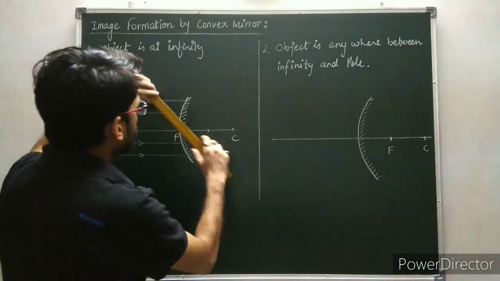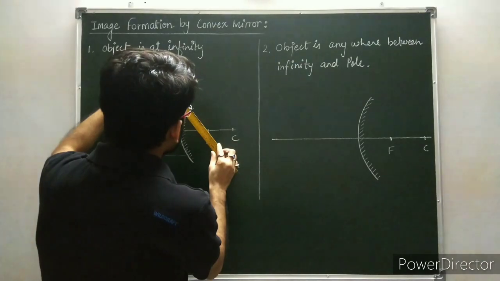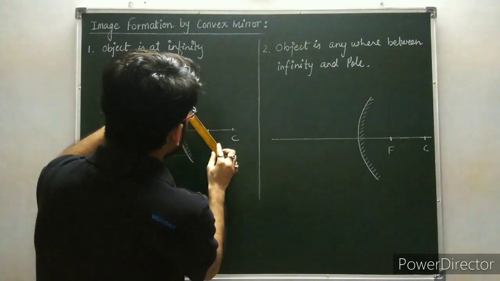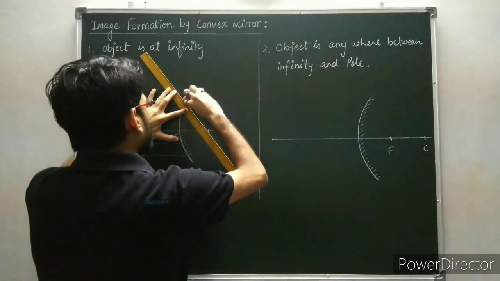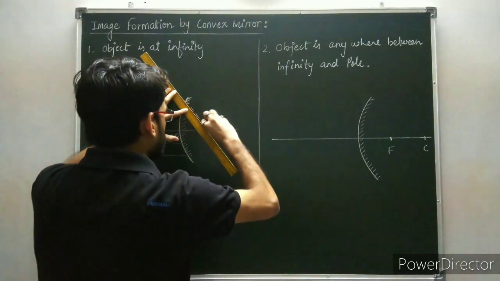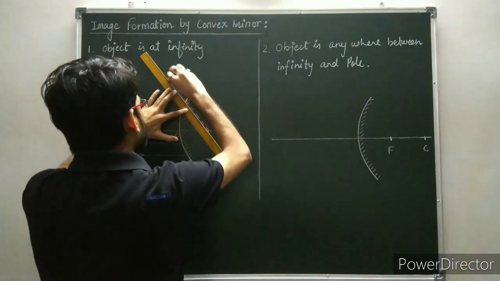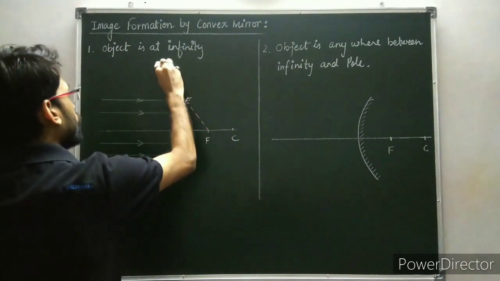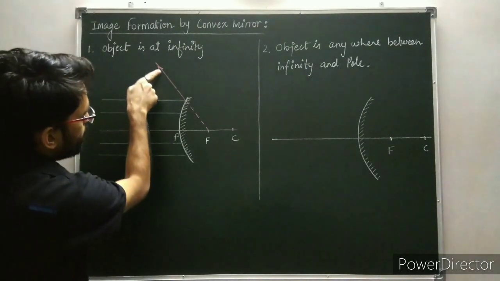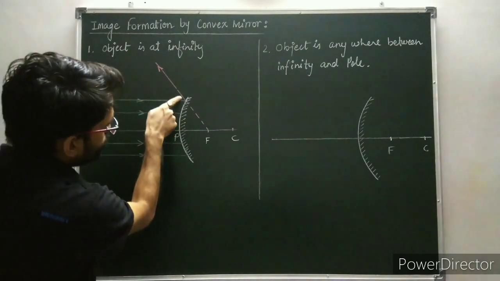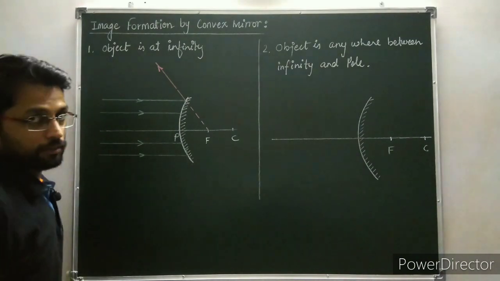So the reflected ray appears to pass through focus. So this is the path of reflected ray, and this reflected ray appears to pass through focus after reflection.